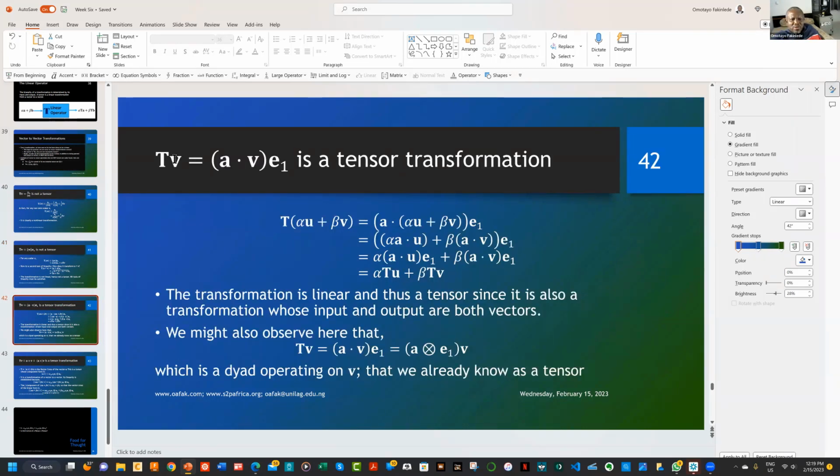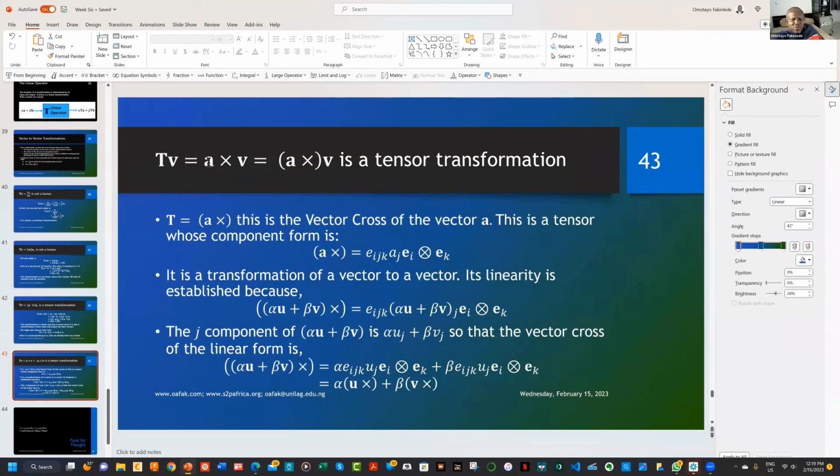The next one, T(V) equal to A dot V times E1, is a tensor transformation. You can check that it satisfies all the conditions. T(V) equal to A cross V transforms the vector V to the vector A cross V. It's a tensor transformation, and A cross itself is the vector cross of A. This is a tensor whose component form is this.